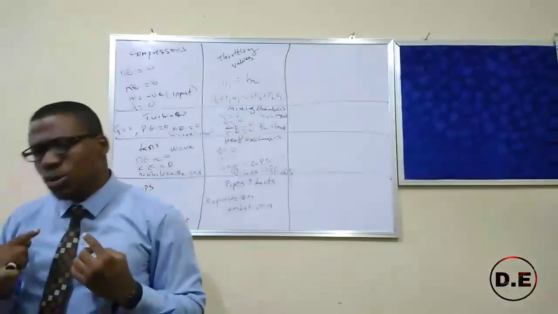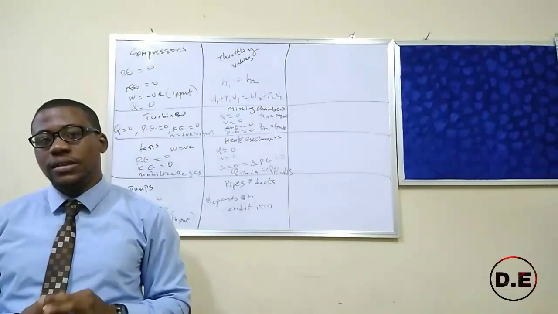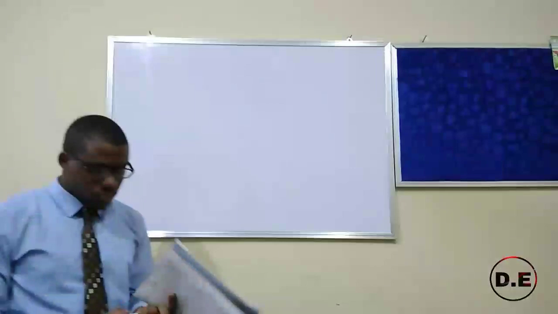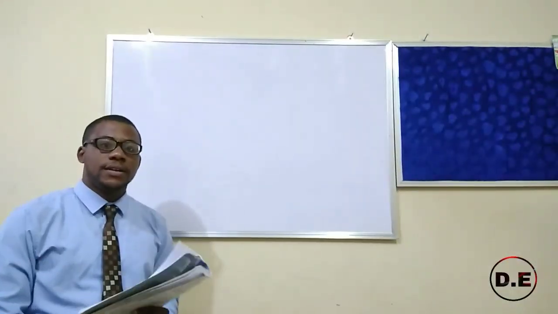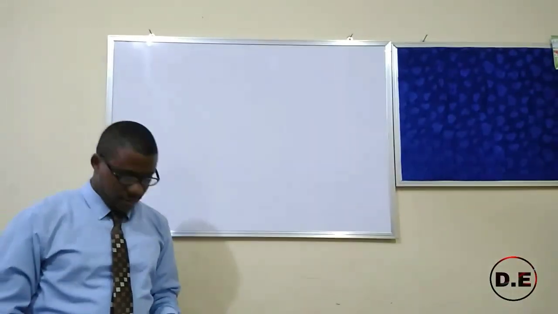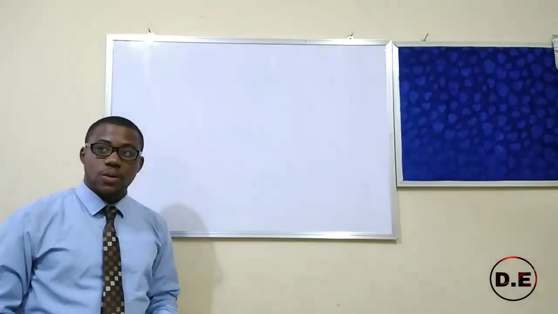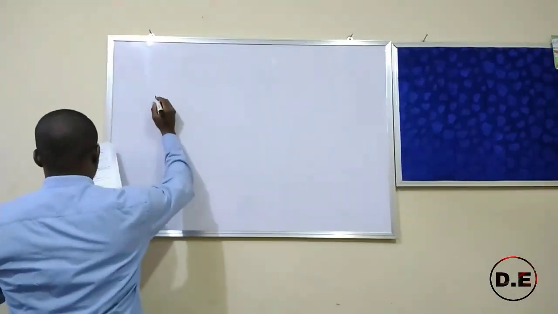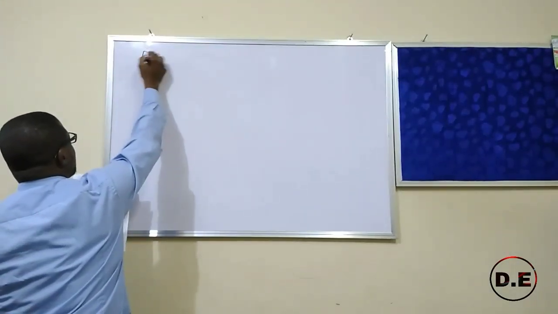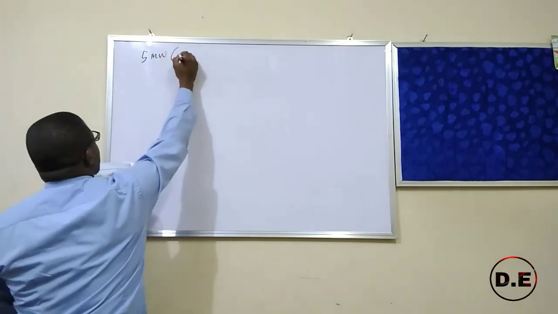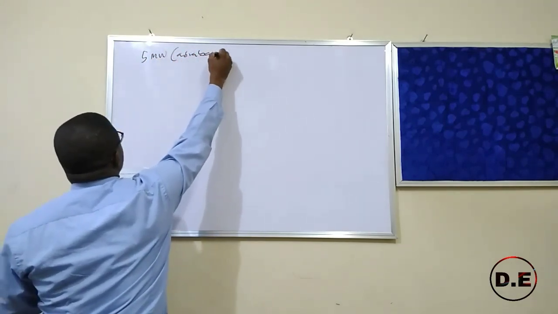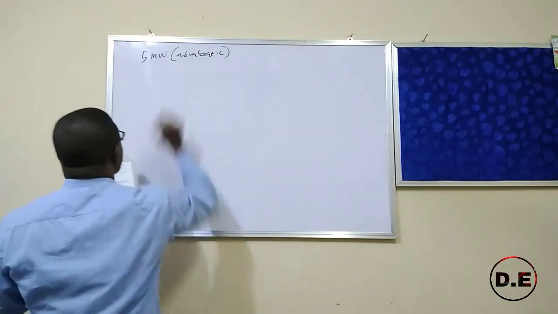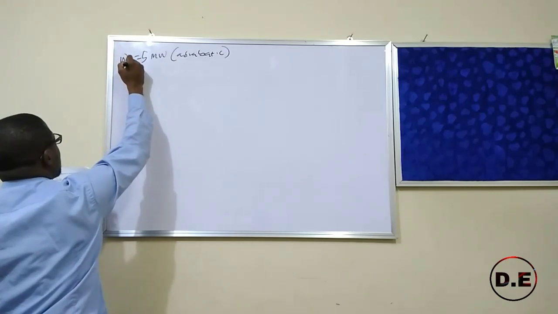Now we'll take another question using steam as a fluid. So let's go. Consider a steam turbine that produces 5 megawatts and it's adiabatic. Take the inlet, W out.